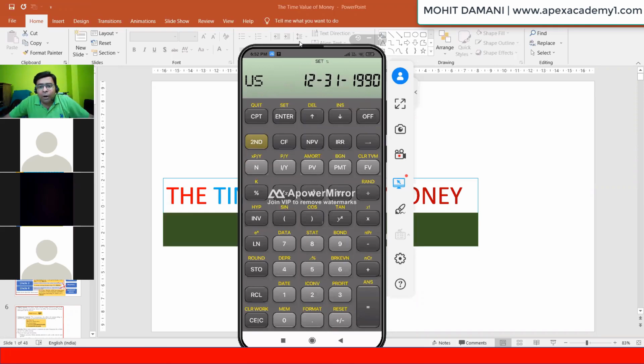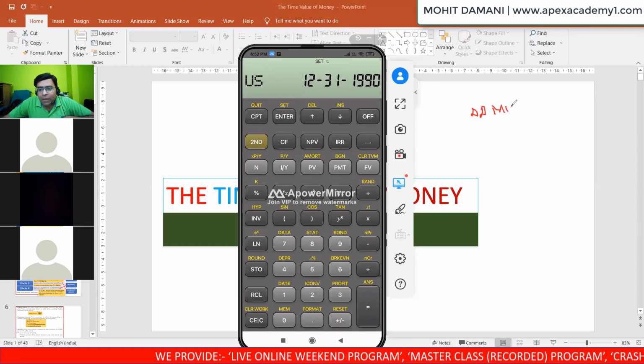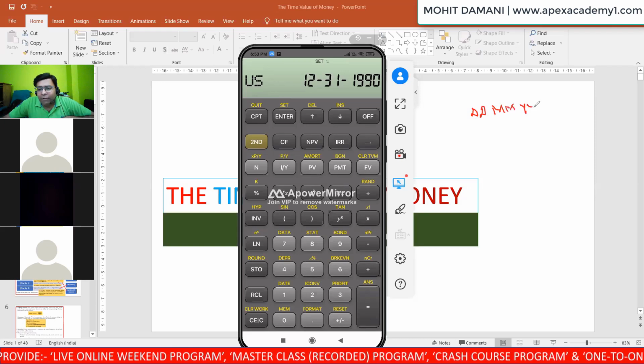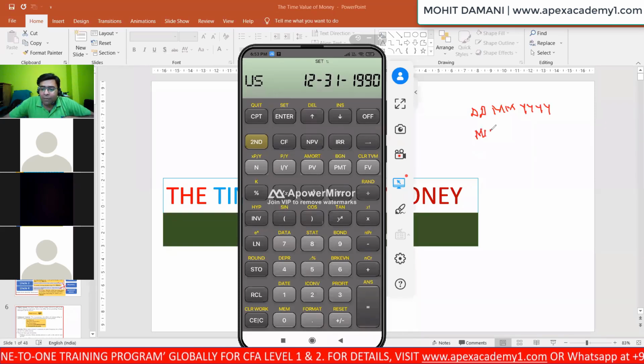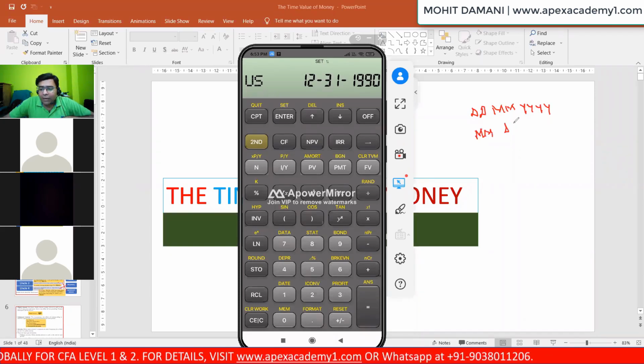As far as my knowledge is concerned, there are two date formats that are followed across the globe. The first date format is DD, MM and YYYY format as per the calculator, correct? And the other is MM, DD and then YYYY format.